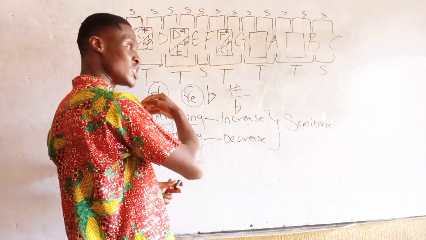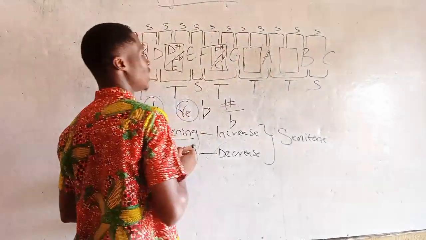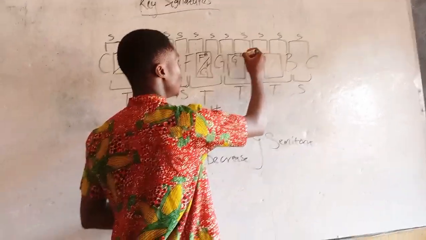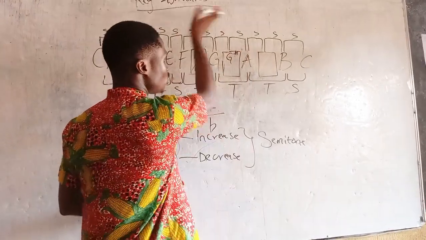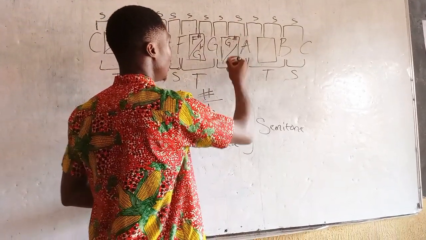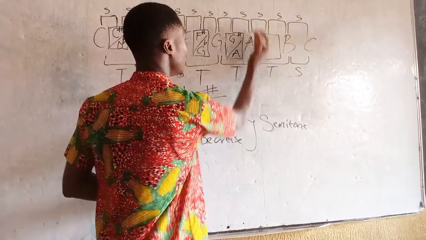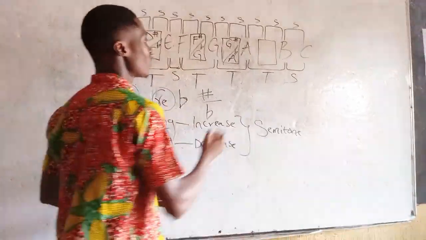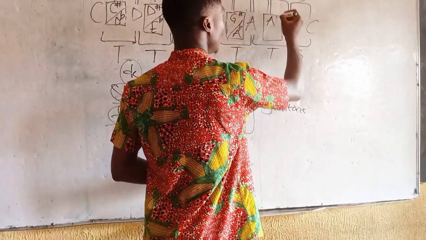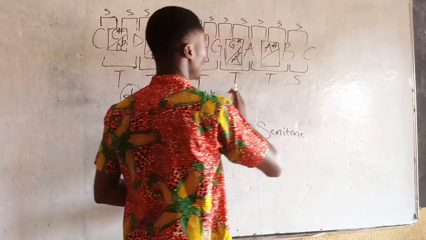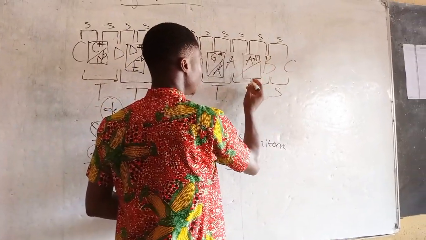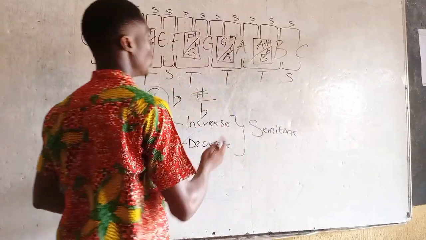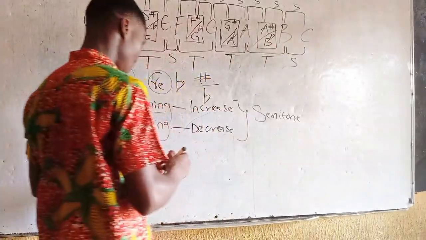So backward is flat, forward is sharp. This becomes G sharp, because you sharpened key G, and it becomes A flat. It becomes A sharp because you sharpen key A, and it becomes B flat because you flattened B.